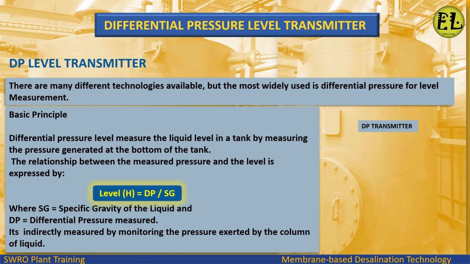The relationship between the measured pressure and the level is expressed by level H equals dP/Sg, where Sg equals specific gravity of the liquid and dP equals differential pressure measured. It's indirectly measured by monitoring the pressure exerted by the column of liquid.